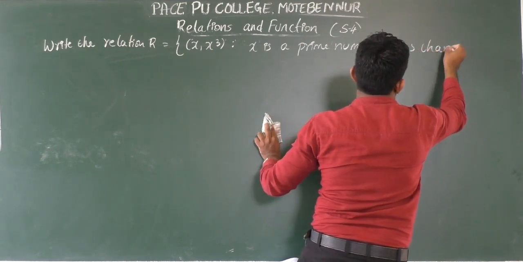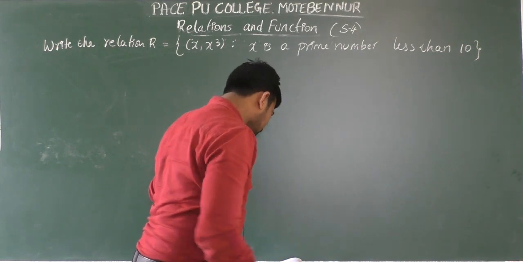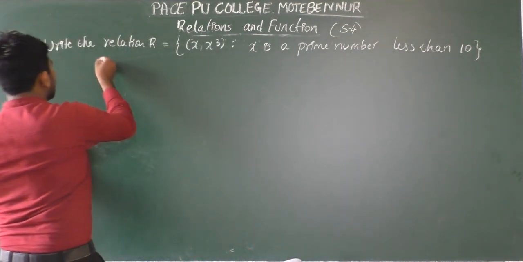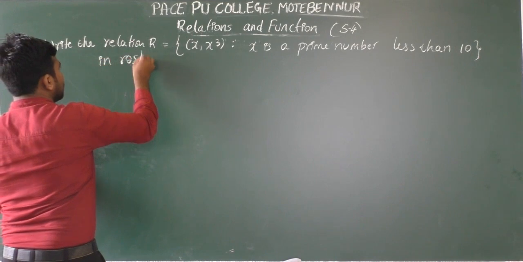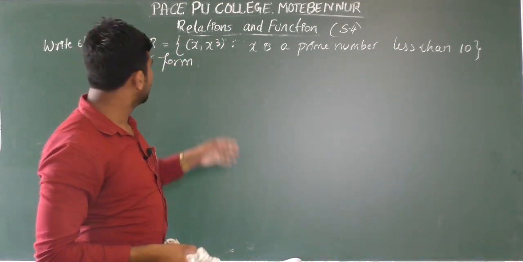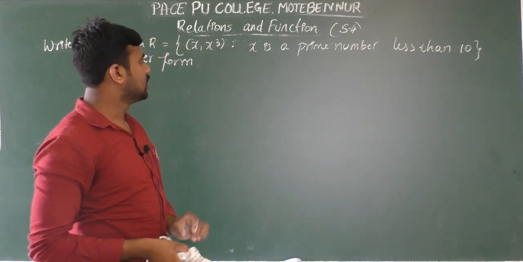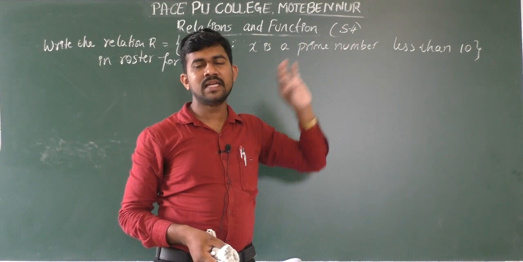This is the set they gave in roster form. See here, the given R is equal to the set of all ordered pairs (x, x cube) such that x is a prime number less than 10.